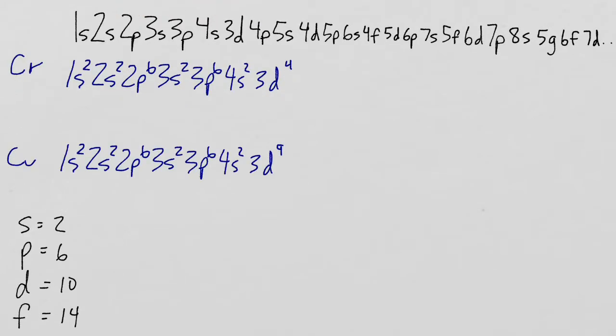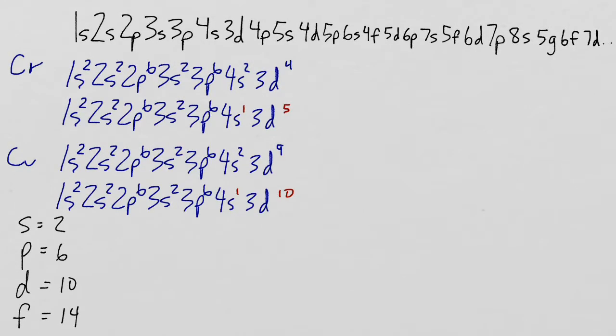Now that you know about some electron configurations, let's look at some irregularities among them. Take, for example, these 2 elements, chromium and copper. They're both transition elements. They both have partially filled d shells, but notice that because chromium is only 1 electron away from having a half full d shell, and because copper is only 1 away from having a full d shell, their actual electron configurations look slightly different.